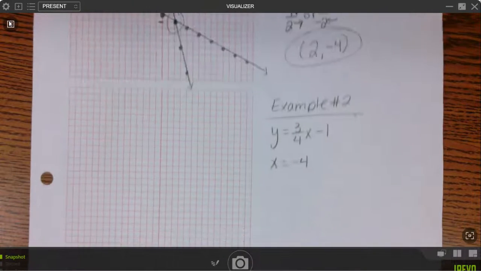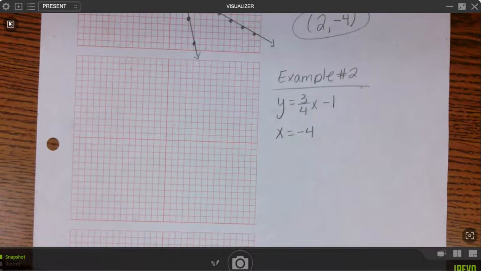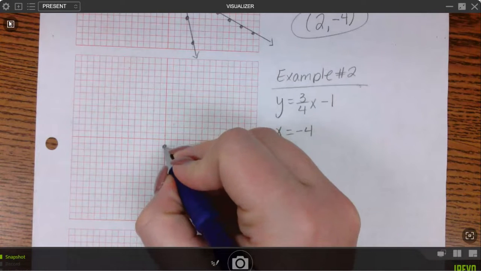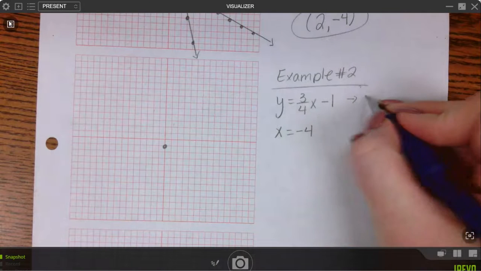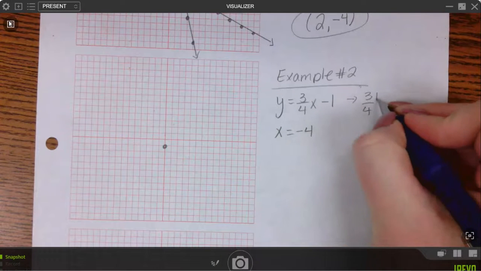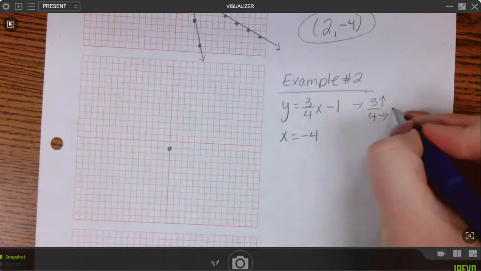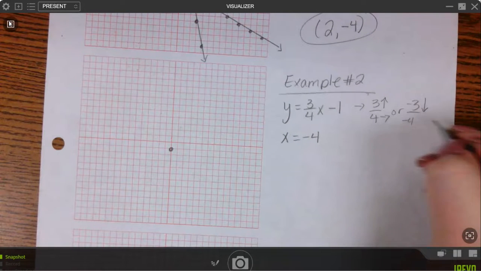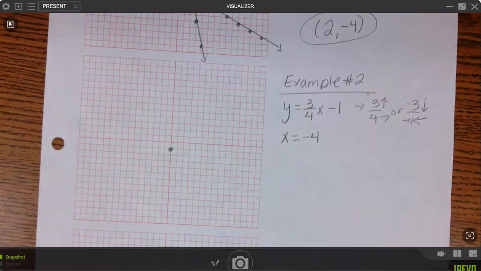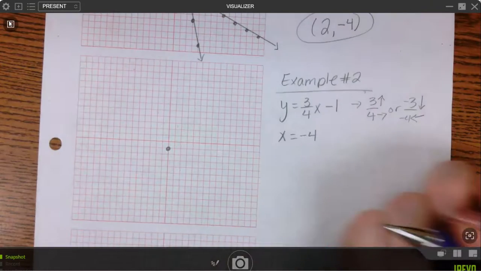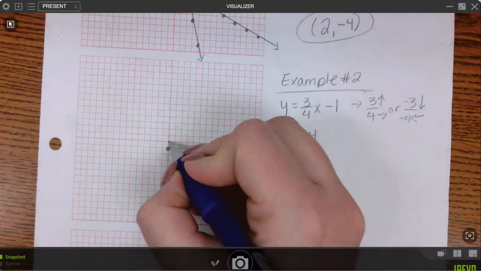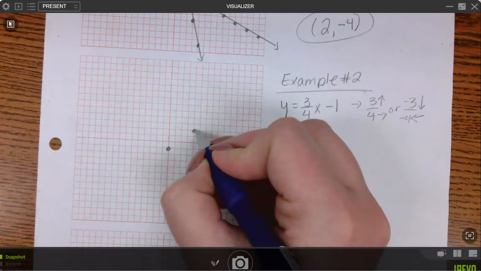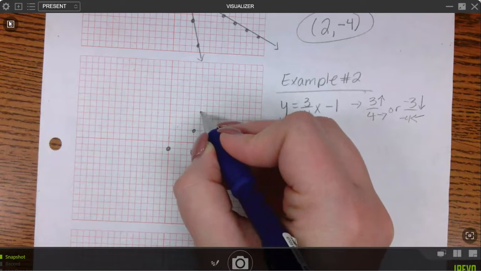So if we start with the first equation, our y-intercept is -1, which will be here. And then your slope is 3/4. So we can go up 3 and right 4, or down and to the left. Okay, so we're going to have to do both. Let's go up 3 and right 4.